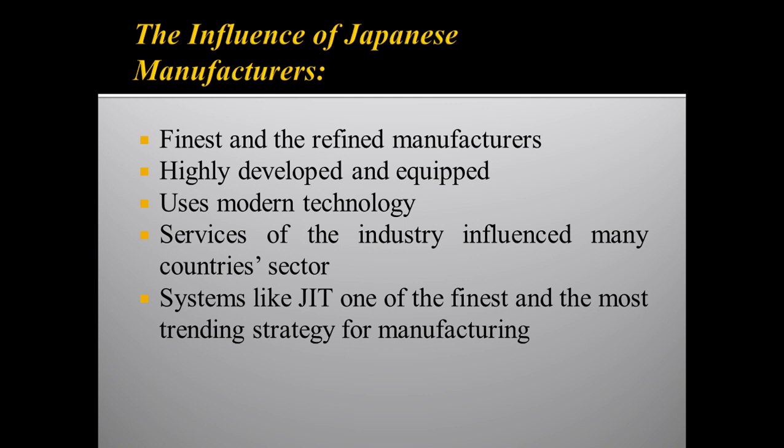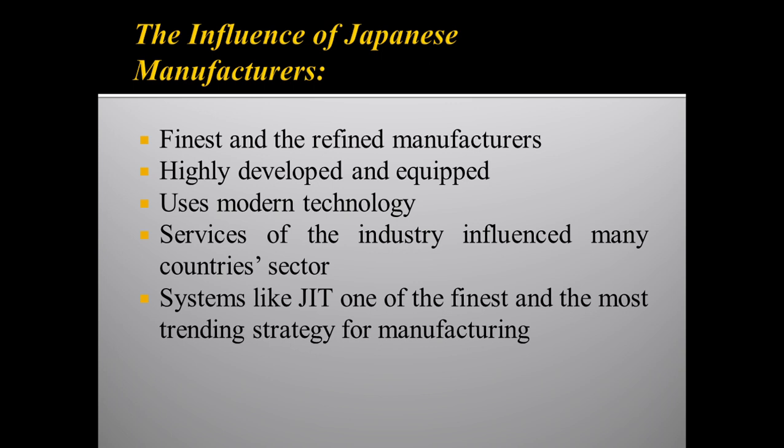If we are talking about production, we cannot leave out Japanese technology, because this is the most influential technology in the world, which has changed the whole viewpoint of all the manufacturing firms.